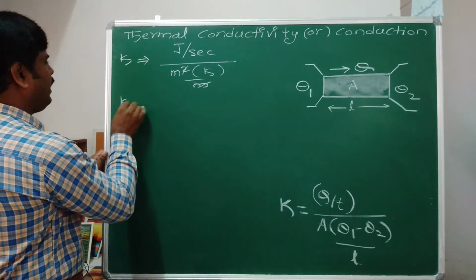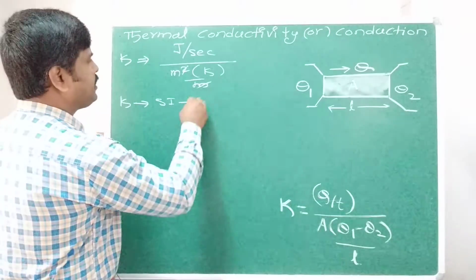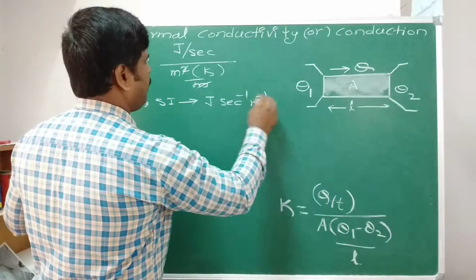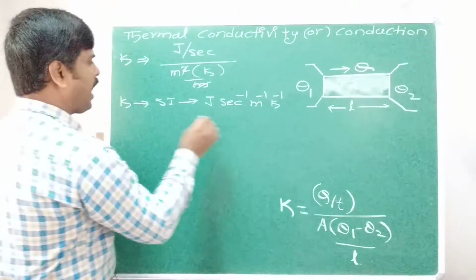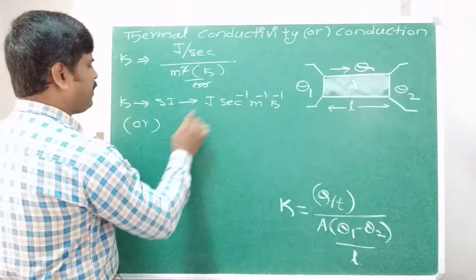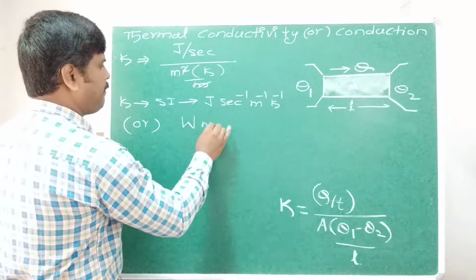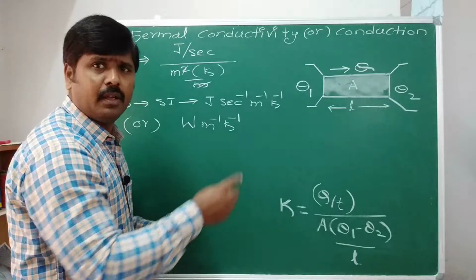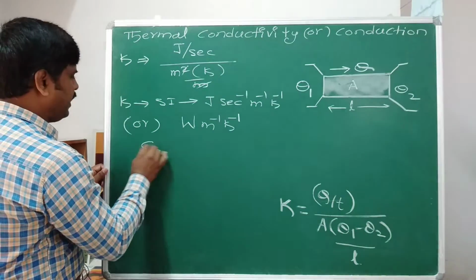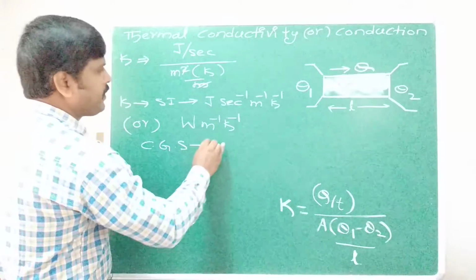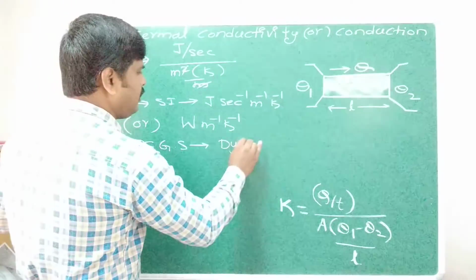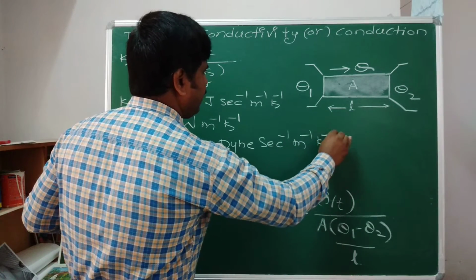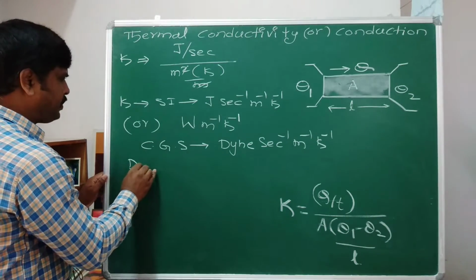So K SI units are joule per second per meter per Kelvin, or we can write joule per second as watt, so watt per meter per Kelvin also. And CGS units are dyne second per meter per Kelvin, and also the dimensional formula.